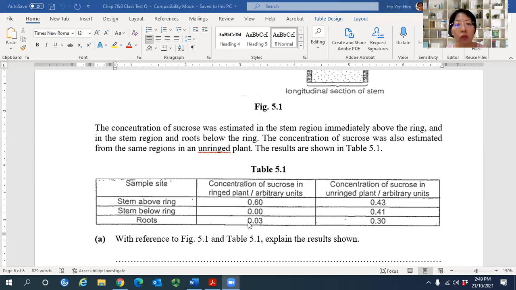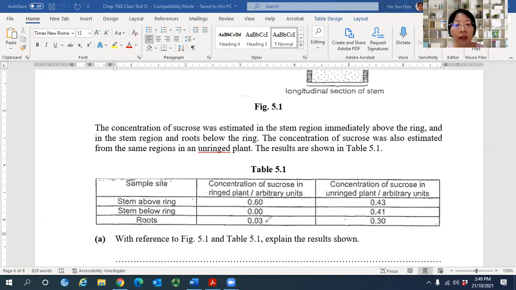Okay. In the root is 0.03 unit of sucrose compared to 0.30. That means there is uptake of the sucrose from the roots to the cells, but there's no replenishment. So there is output, there's no input.